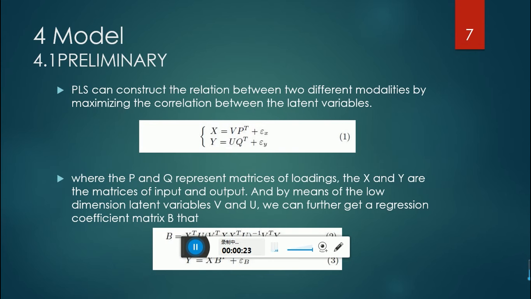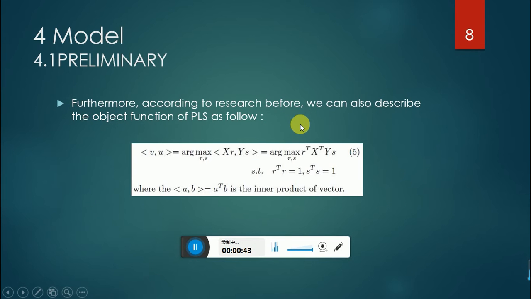After solving the objective function, we can get the regression coefficient matrix B, which you can see here, and then B can be used for the regression between X and Y. That is just the original objective function of PLS. And here, equation 5 is also one form of the objective function like this, where this sign means the inner product of vectors.